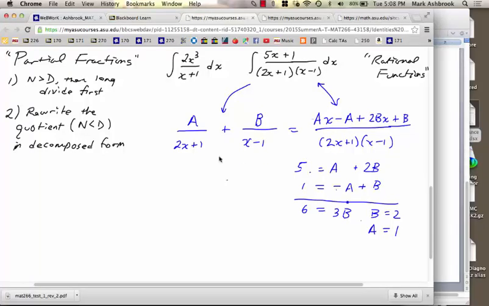And so therefore, if a is 1 and b is 2, then the decomposed version is 1 over 2x plus 1 plus 2 over x minus 1. And so if we were to add those two fractions together, what should we get?